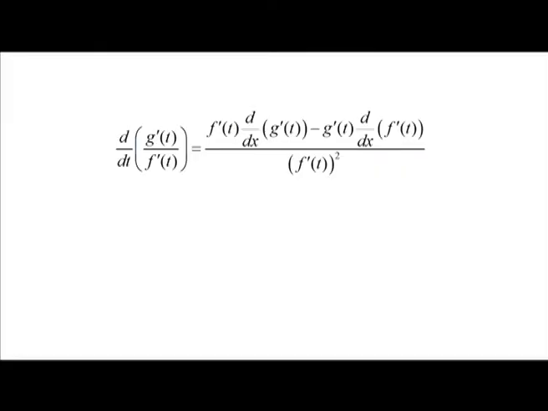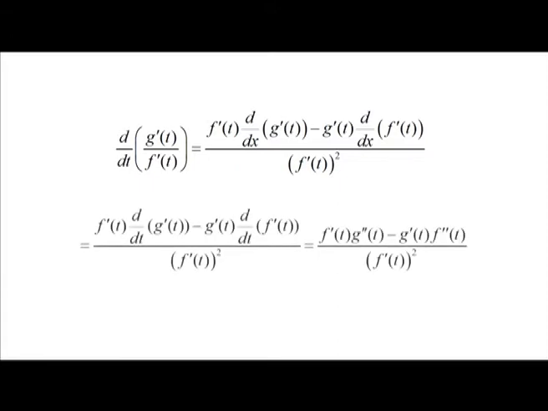Now, by the quotient rule of differentiation, the derivative with respect to t, d by dt of g prime t by f prime t, is equal to f prime t times d by dt of g prime t minus g prime t times d by dt of f prime t, all divided by f prime t whole square, which is equal to f prime t times g double prime t minus g prime t times f double prime t, all divided by f prime t all square.